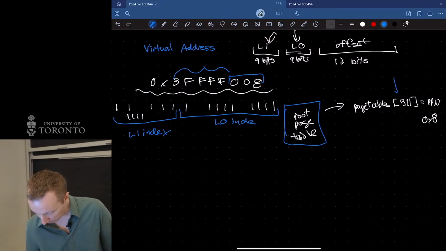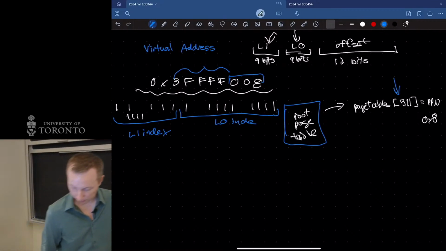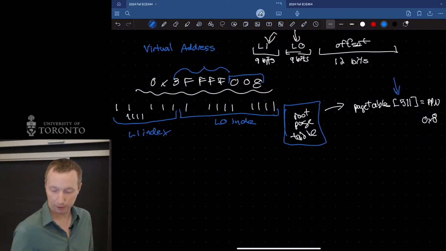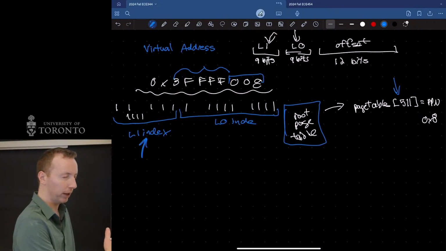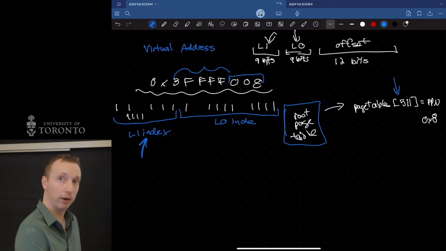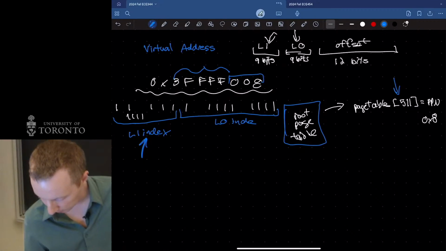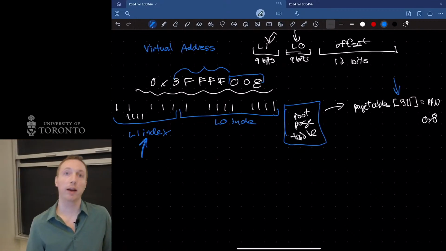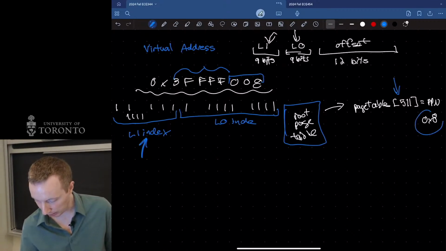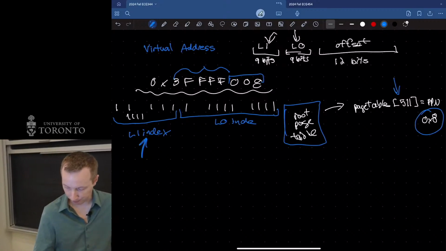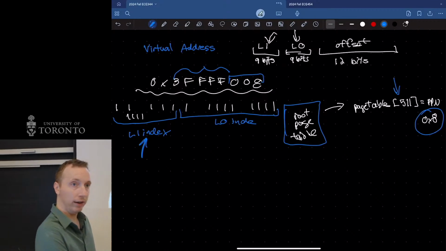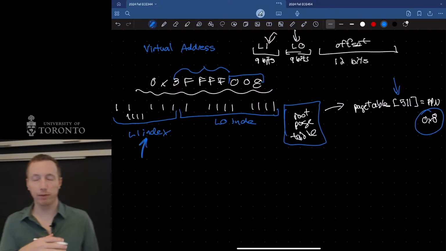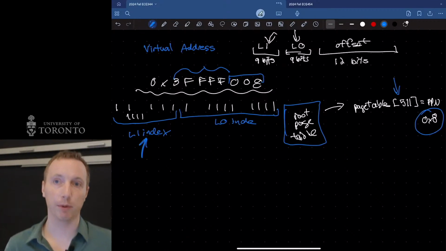If in my L1 page table I have an entry at index 511, so all 9 ones is 511, that means in order to translate this, I have to look at page 8 to get my information for the L0 page table, right?